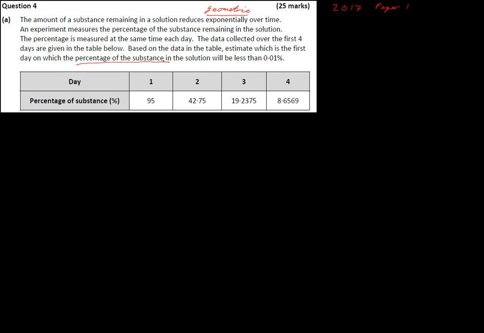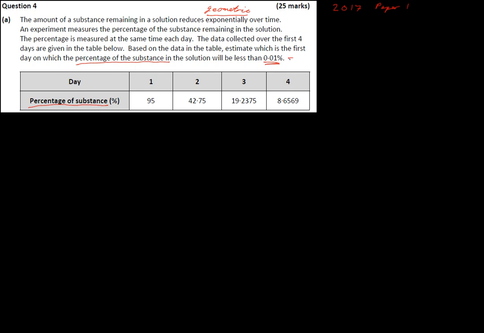Well, it says percentage of substance. Where else does it say that? Percentage of substance. So it's saying the same thing here. These numbers are part of the same pattern as 0.01. So this is first term, second term, third term, fourth term, in some kind of pattern, and I'm looking for a particular term in that pattern because they're talking about the same thing.